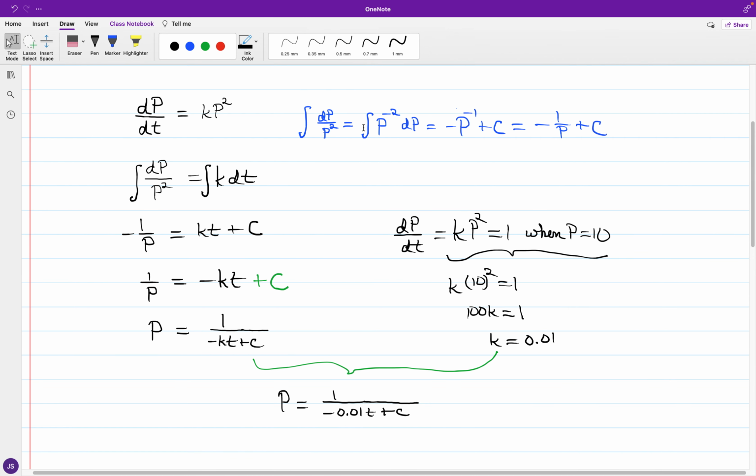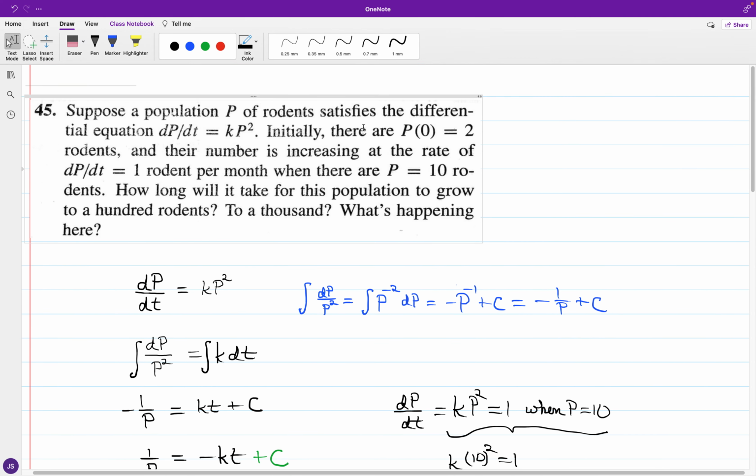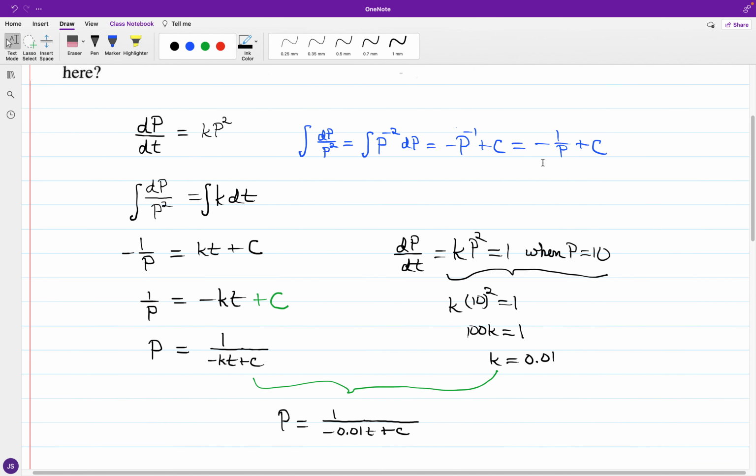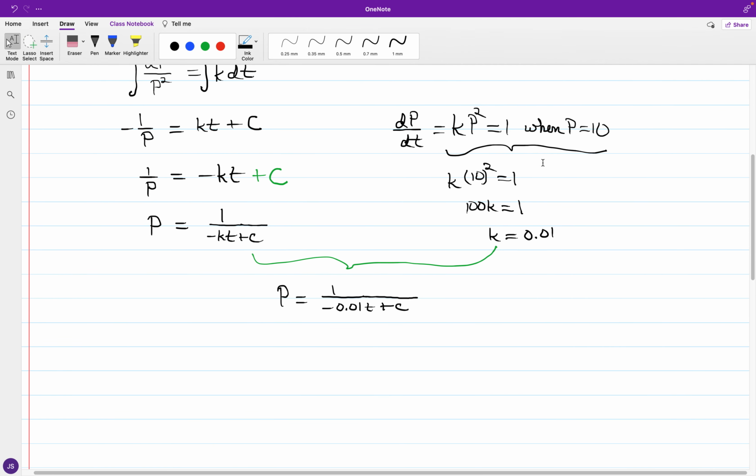So going back to the initial condition, there were 2 rodents at the very start, whereupon at time t equal to 0 the population is equal to 2, and applying this to the general equation, we have p of 0 is equal to 2. Again, whenever t is 0, p is equal to 2.